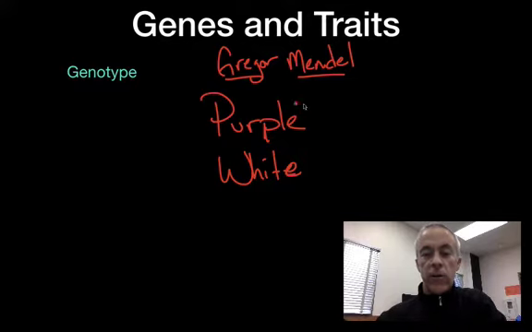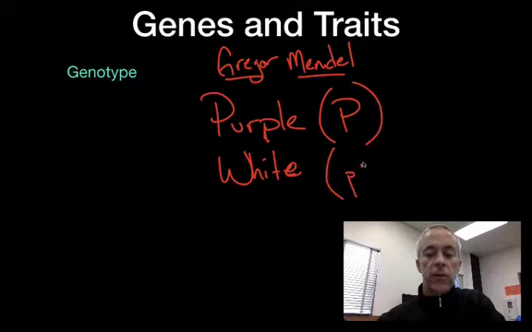And so for the purple flowers, we referred to them with the letter P for that flower color trait. And for the white flowers, we used lowercase p. And we'll talk about the significance of those capital and lowercase letters.